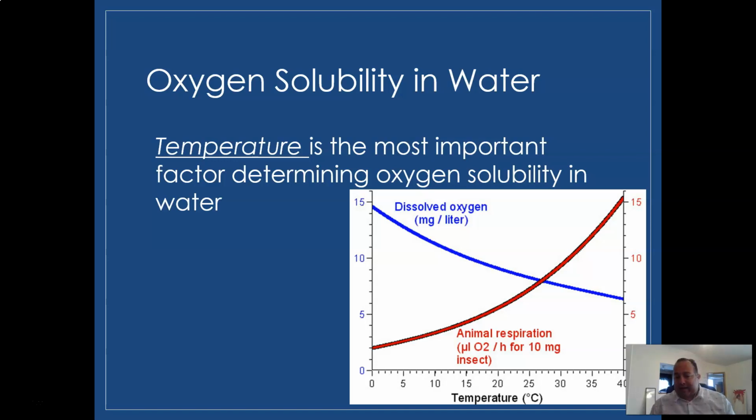But as that dissolved oxygen decreases and as the water gets hotter, because water getting hotter can cause that decrease in dissolved oxygen, our respiration goes up, and then we start exceeding the amount of oxygen that we have in the water. So that's our problematic part, where our sink is going past our sources. Temperature is a huge driver in making sure that there's enough oxygen in the water.